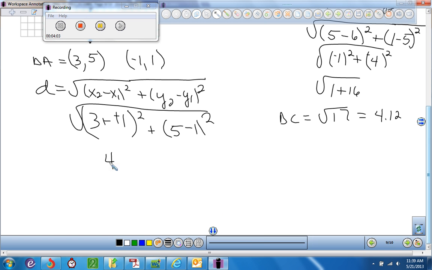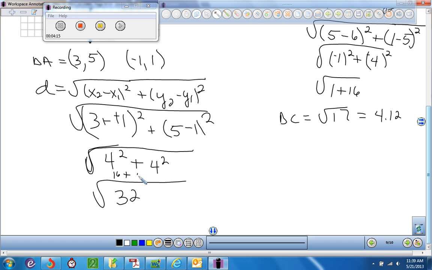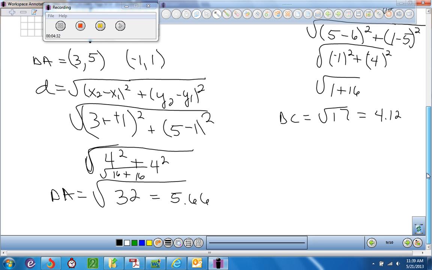Alright, so we end up with 4 squared plus 4 squared. So we're going to end up with 32 because 16 plus 16. Okay, and then we take the square root of that and we get 5.66 for the distance. So the distance DA is equal to 5.66.